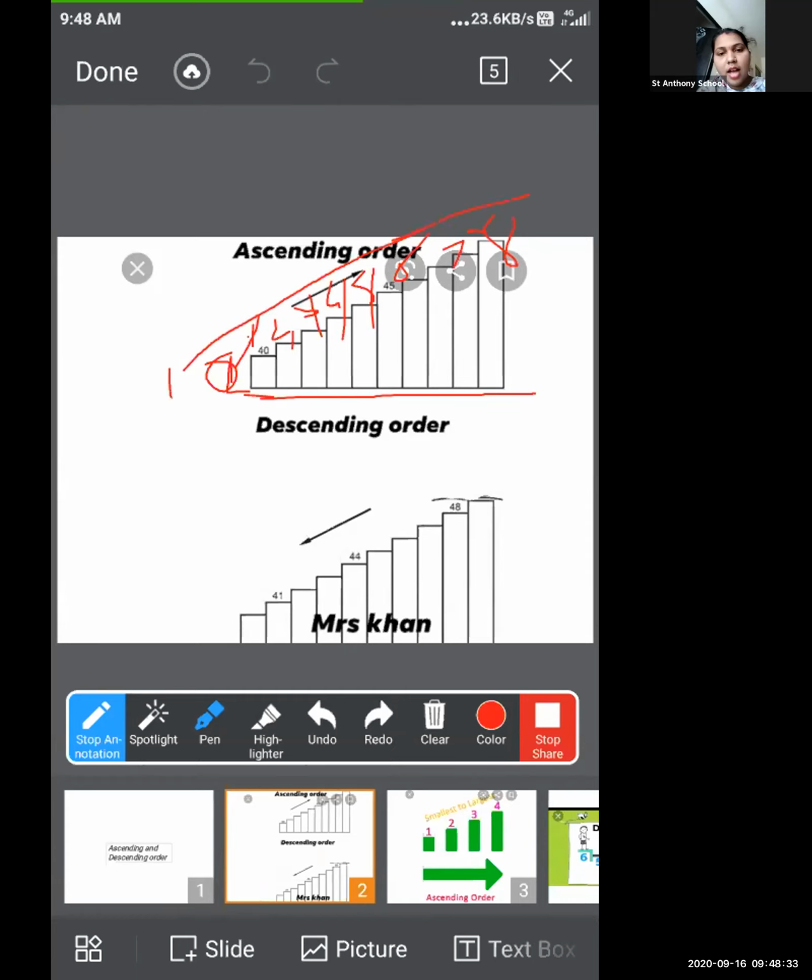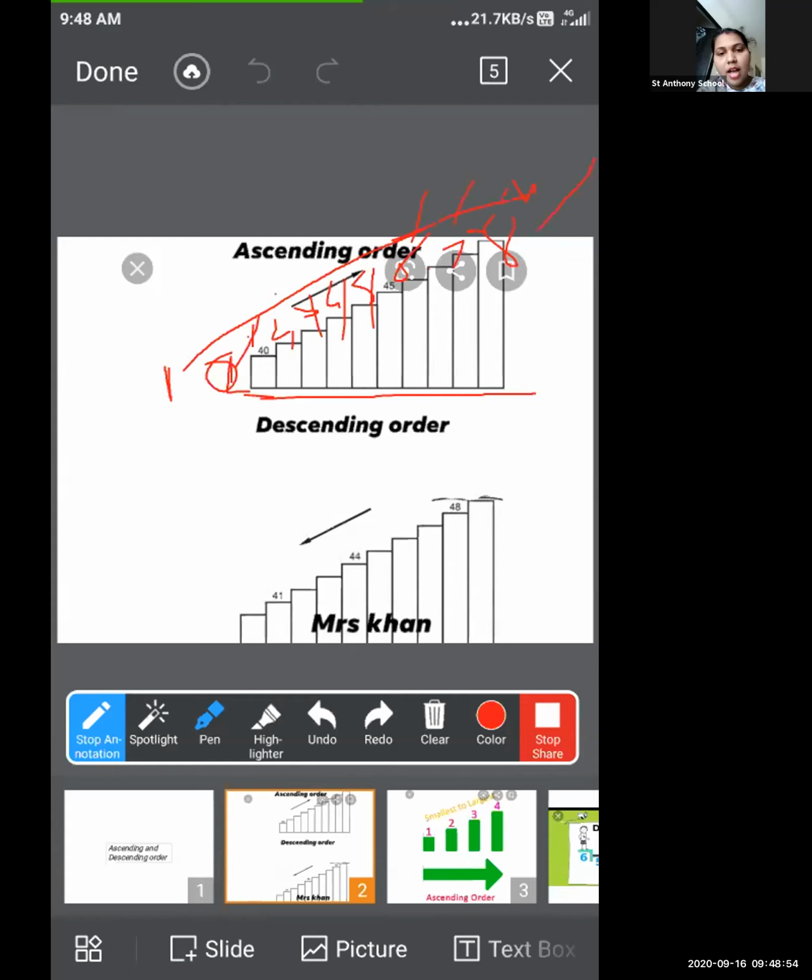Down to upward, numbers are increasing. So when we write the ascending order of the numbers, we always write the smaller number to bigger number. We write the smaller number first, and then bigger, then bigger, and then bigger.